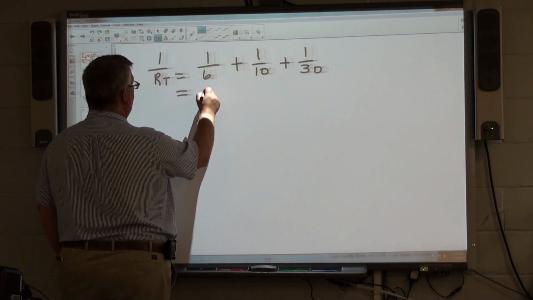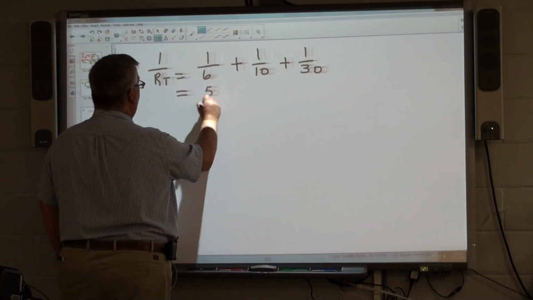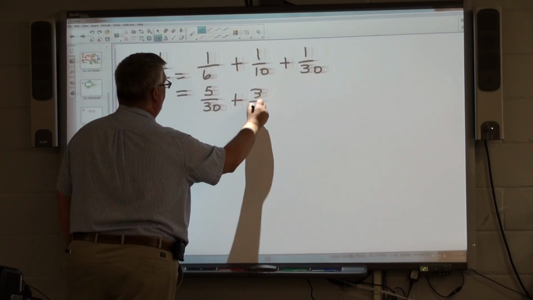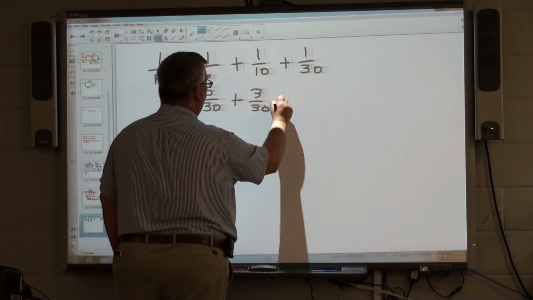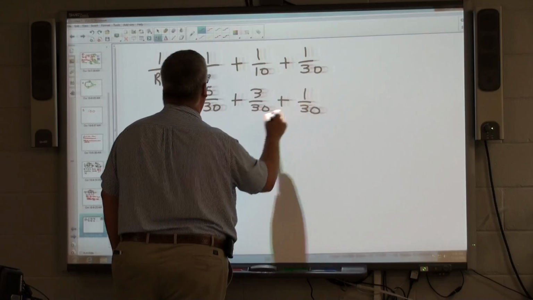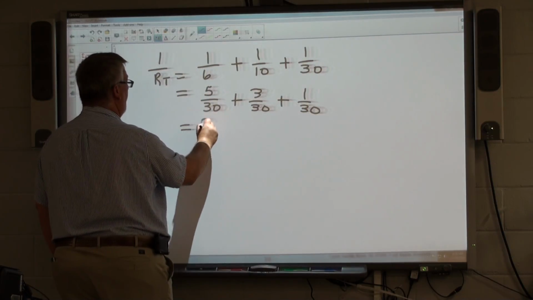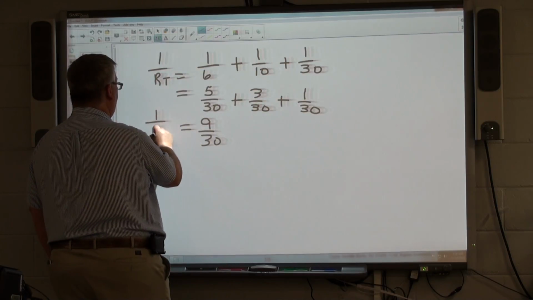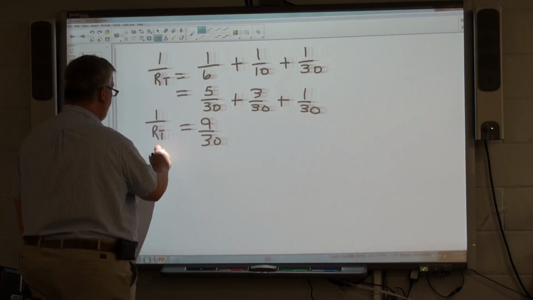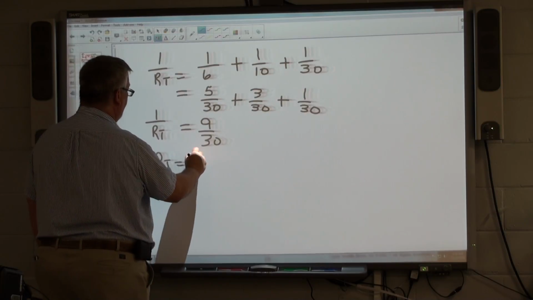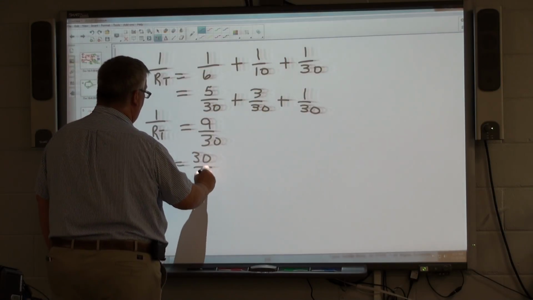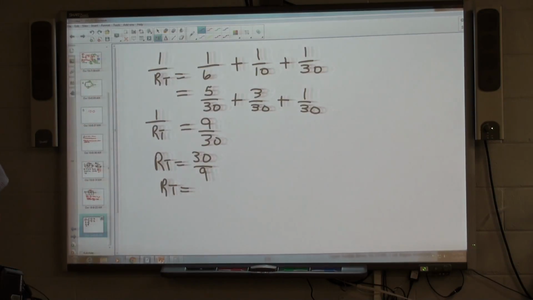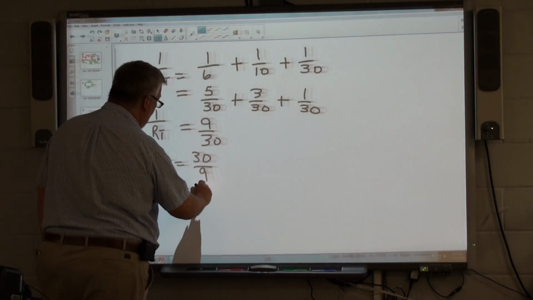So what would 1/6 be? 5 over 30 plus 3 over 30 plus 1 over 30, right? That equals 9 over 30. So we've got 1 over RT equals 9 over 30. We can reciprocate each side, and RT equals 30 divided by 9. RT equals 3.33. So we arrived at the same answer.